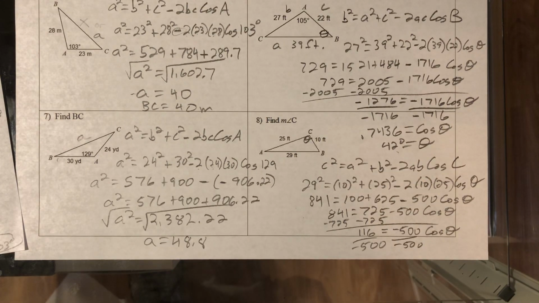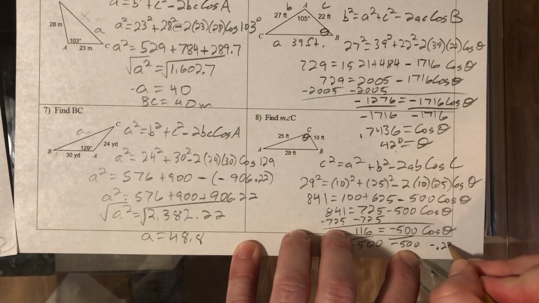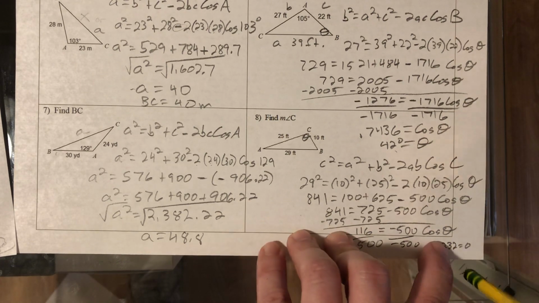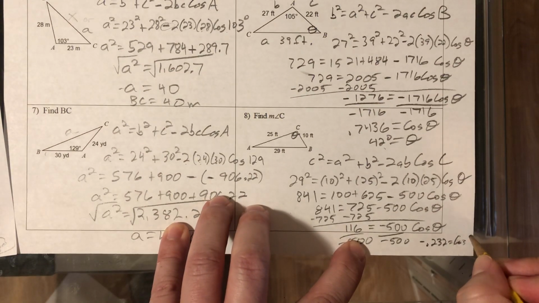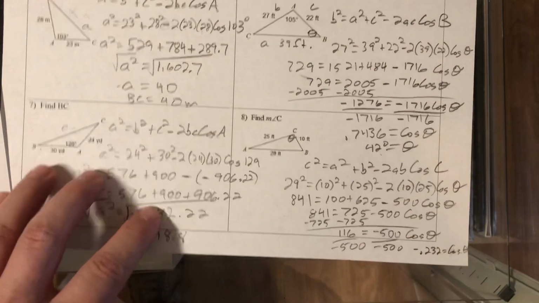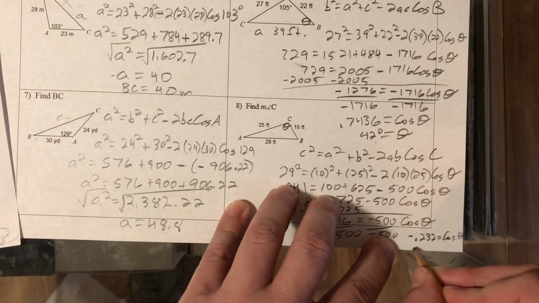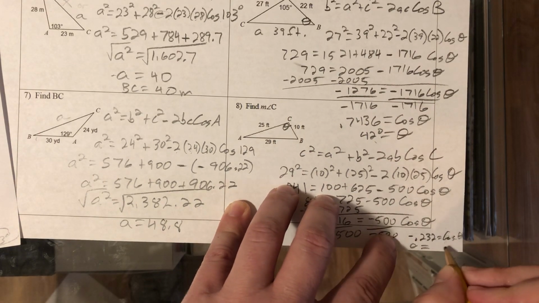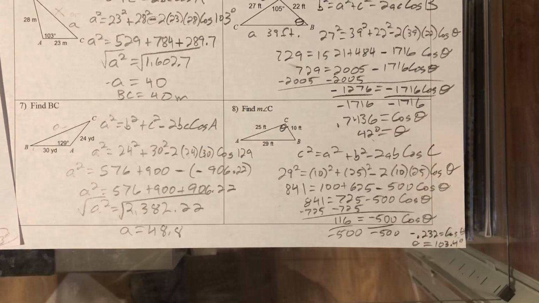So 116 divided by negative 500 is going to give us negative 0.232. That's cosine theta. And then to solve for theta, we're just going to do inverse trig ratio, negative 0.232. And so theta is going to be 103.4 degrees. All right, there you go, guys.